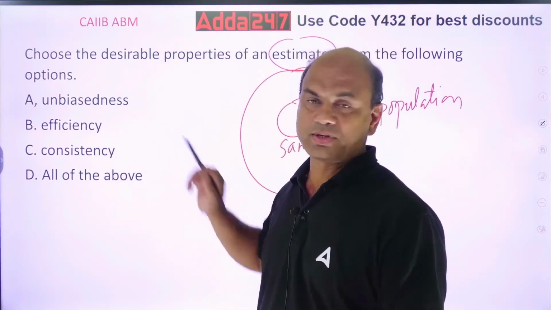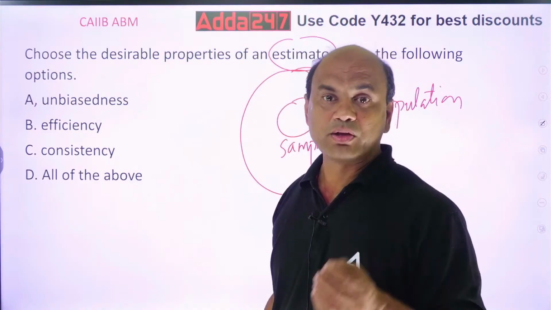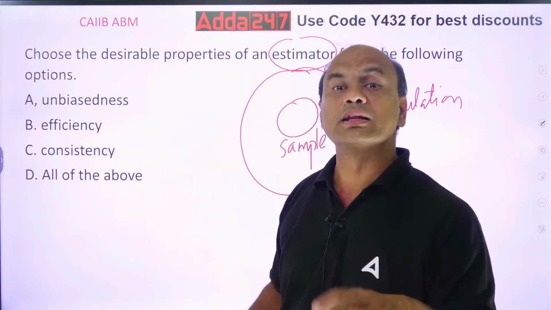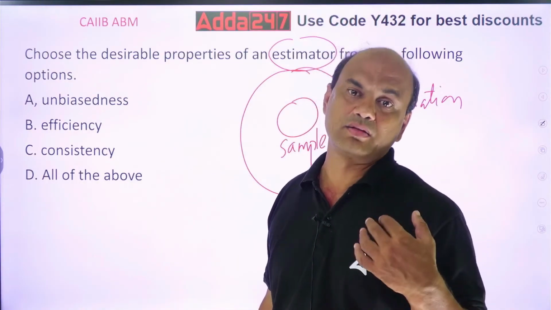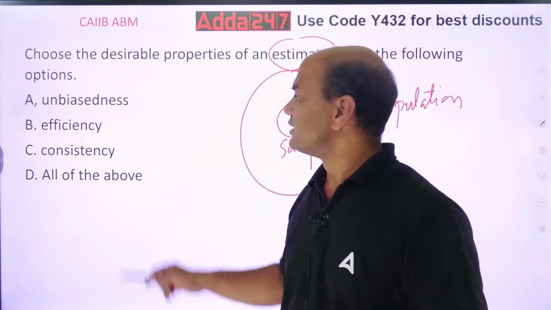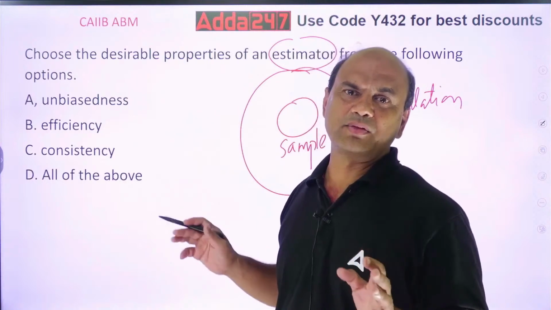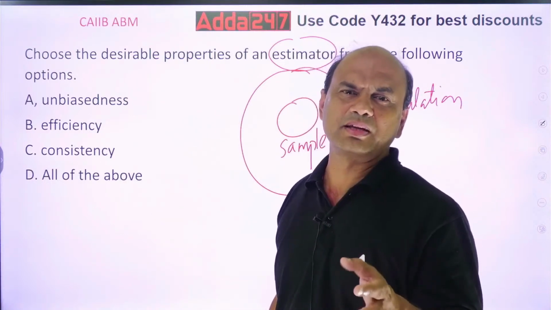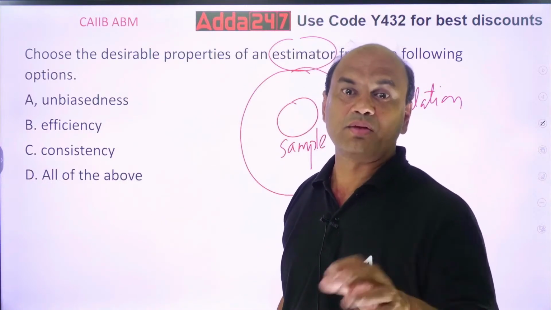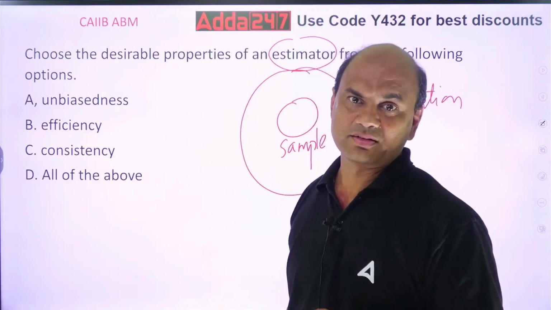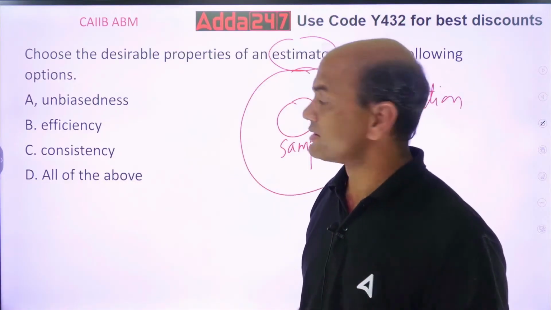Second, efficiency. If I use this estimator, no other estimator should be required. Otherwise what happens? I have used some estimator, done the estimation, and then I say, oh, something is missing in this, so I'll have to use something else. That should not be the case.